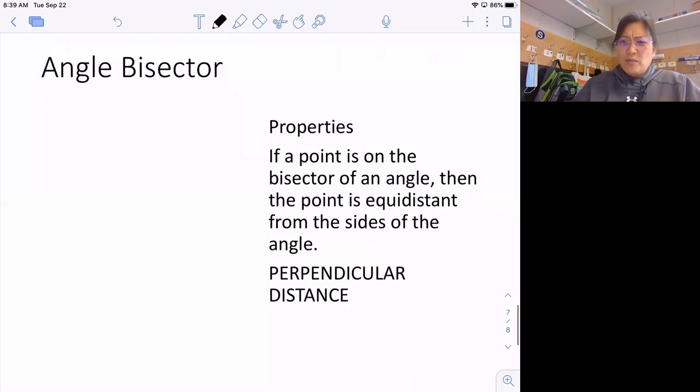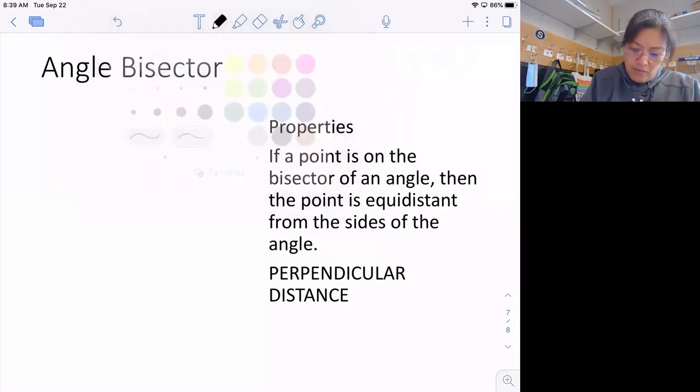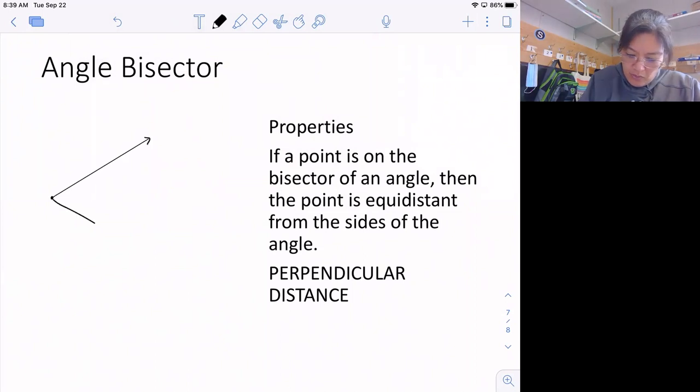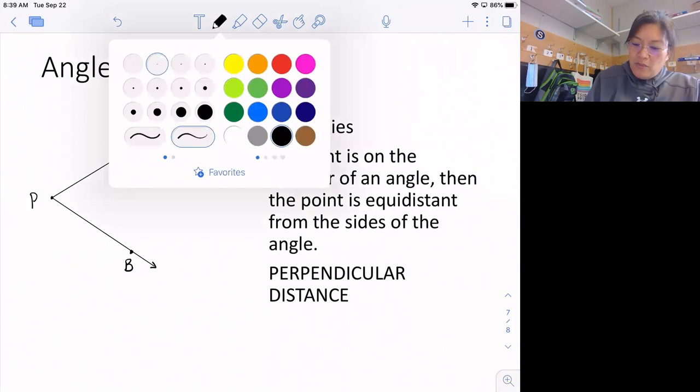All right, so what's an angle bisector? Well, let me actually draw you a picture first. So we have an angle. Let's call this angle P. We'll go A, P, B. And what I'm going to do is bisect this angle.